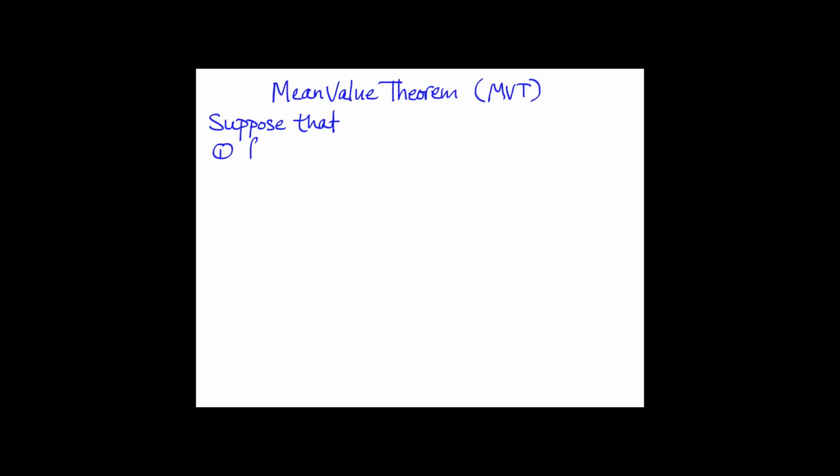So the mean value theorem, we suppose that f is continuous on the closed interval from A to B. So that just means it's defined at all those numbers. There's no holes, no jumps, no asymptotes.